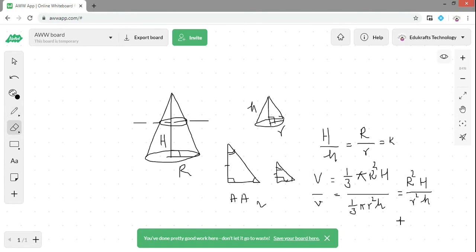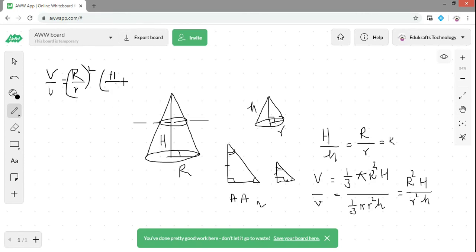Space is not here, so I write somewhere else. Capital V upon small v equals capital R upon small r whole square times H upon h. This ratio is called the proportionality constant, or constant of proportionality.